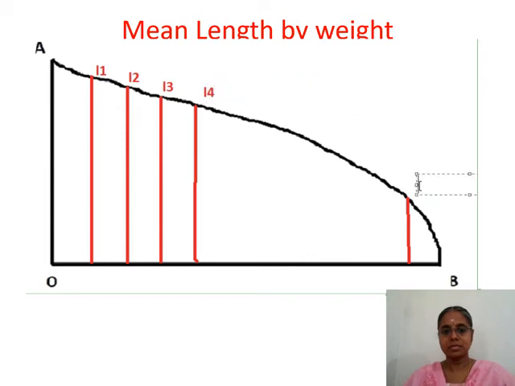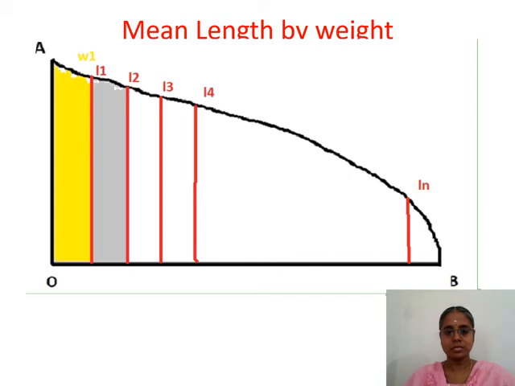And till the end it is Ln. So now consider the weight. The weight of the L1 length of fibers is W1. This W1 is the weight of those fibers.